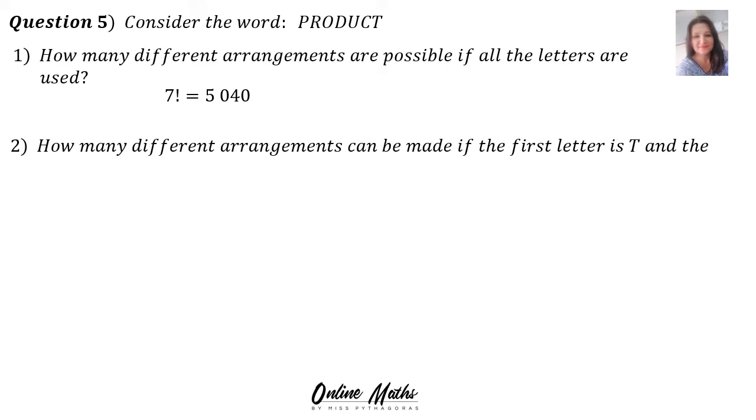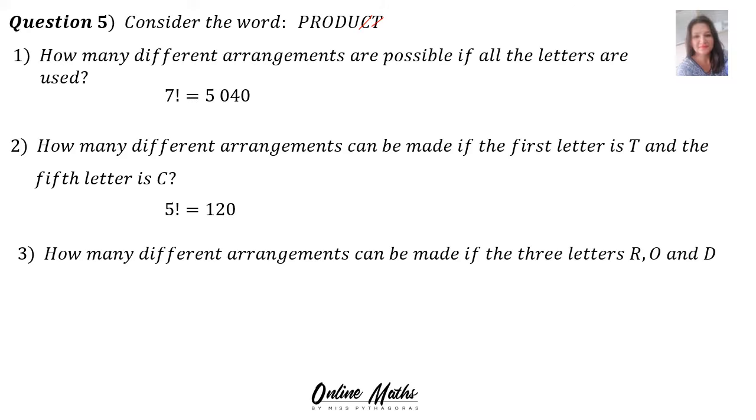Question 2. How many different arrangements can be made if the first letter is T and the fifth letter is C? So do you agree? Now the letter T and the letter C, they are fixed and we are left with 5 factorial, which is 120.